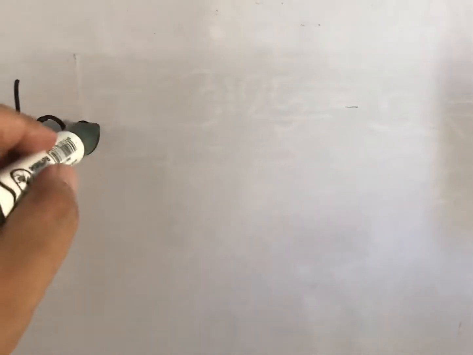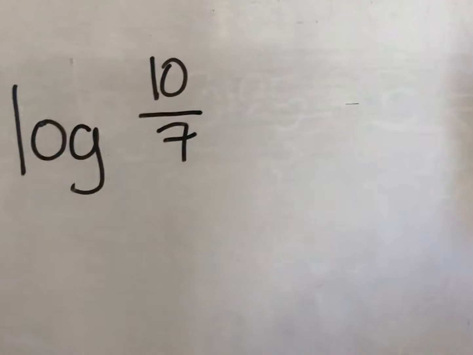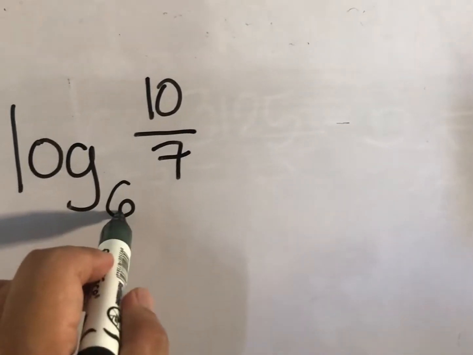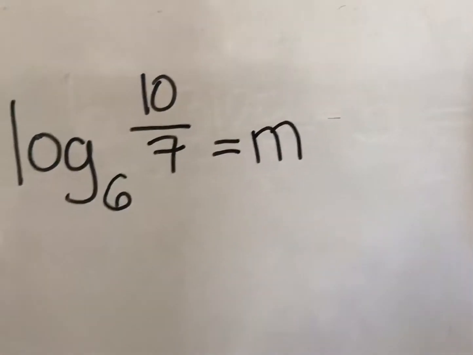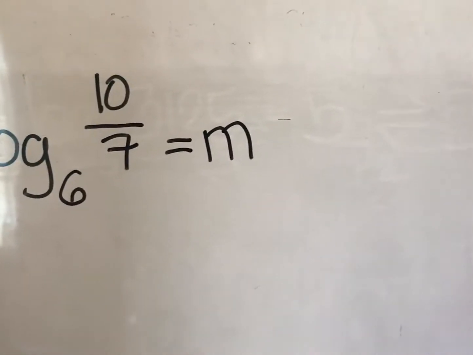Now, not all the time are we going to deal with whole numbers. As you can see in our second example, you will see that a fraction 10/7 occurs, and we want to take its logarithm to the base 6, which is, as of now, a variable m. How do we write this in exponential form?